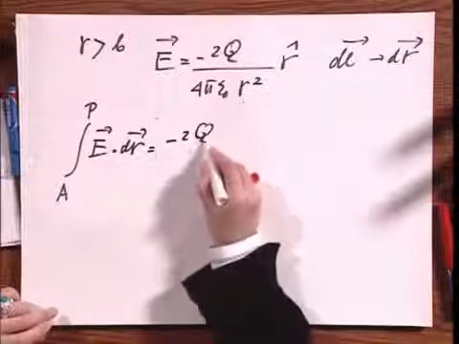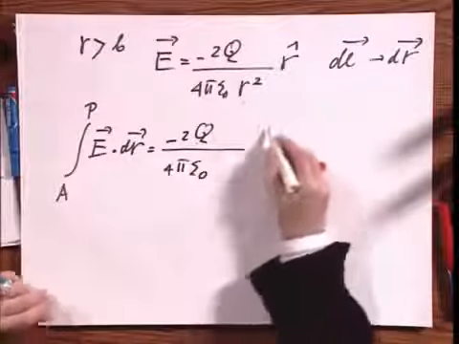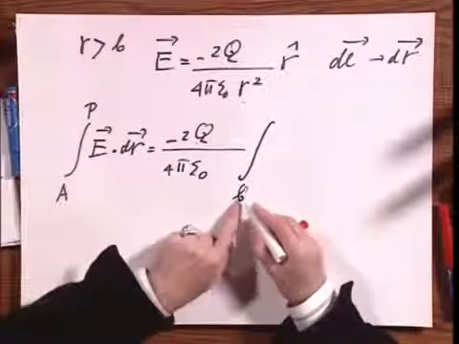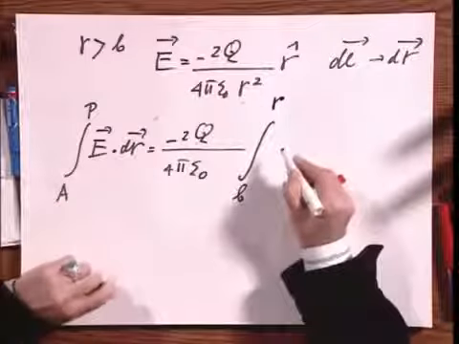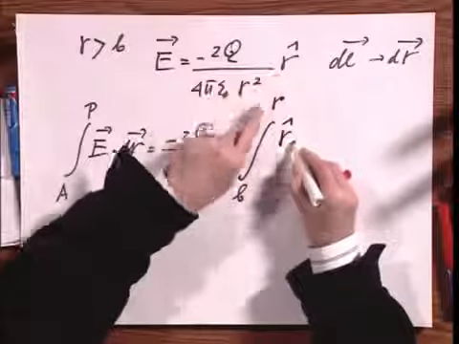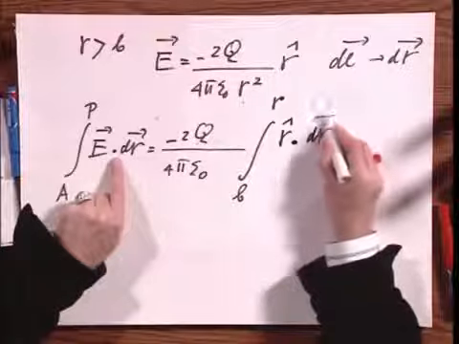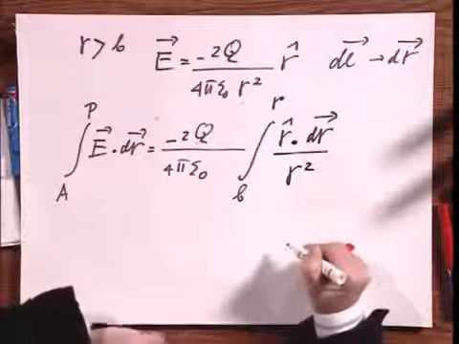So the integral from point A to point P of the E vector dot dr can now be written as minus 2q divided by 4 pi epsilon 0 times the integral going from location r equals B, that was point A, to r equals R, that was point P. And now notice carefully, r hat dot dr, which is also a vector, divided by r squared.